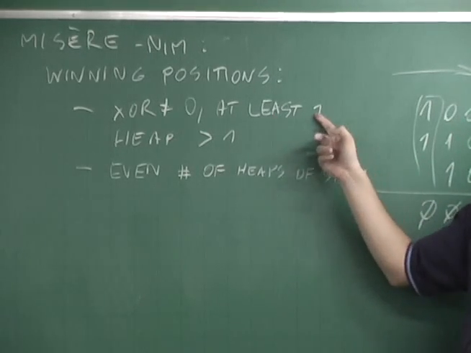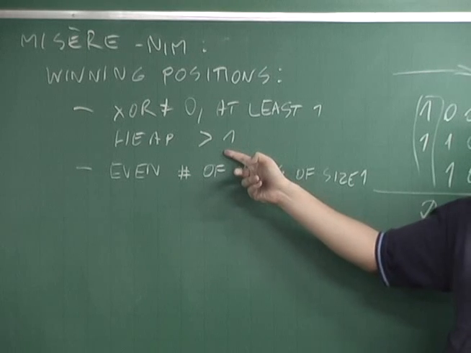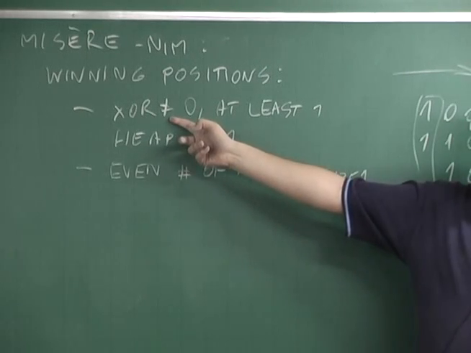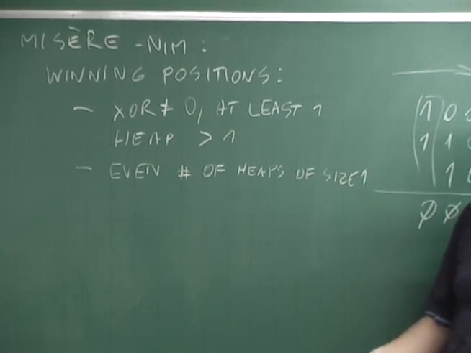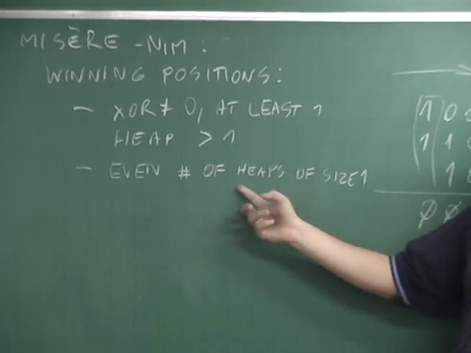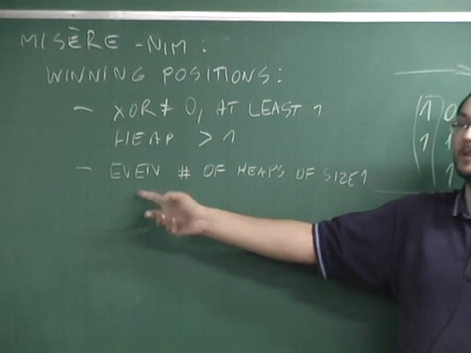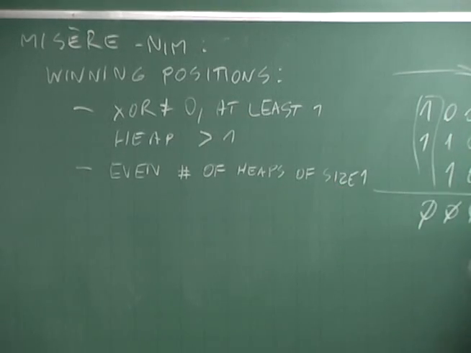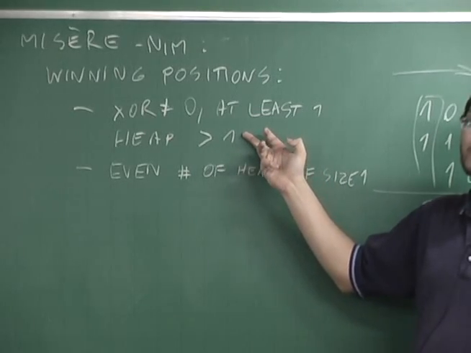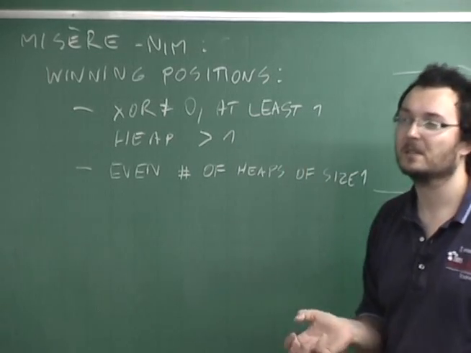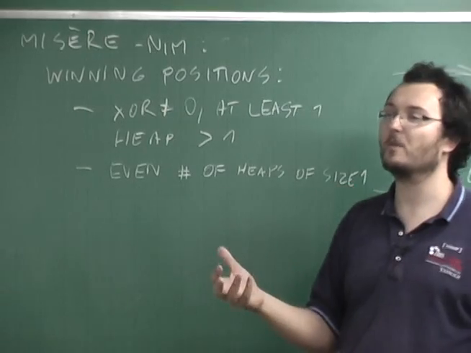Either at least one heap is larger than 1, and the position is winning in the original game, so the exclusive OR of the heap sizes is non-zero, or there are only heaps of size 1, and their number is even. These are the winning positions. And the winning strategy is, while there is at least one heap larger than size 1, I am playing exactly the original game of NIM.